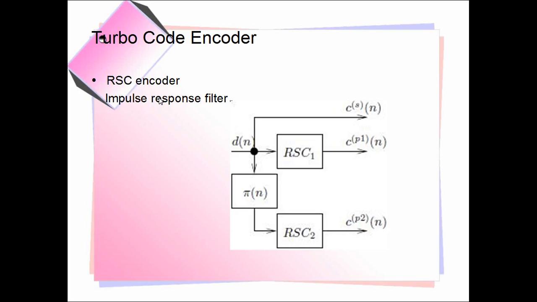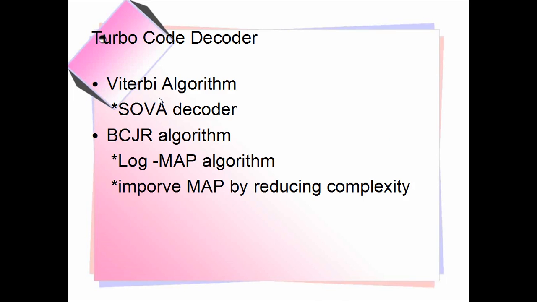So the RSC encoder block can be considered as an impulse response filter, and of course the filter has transfer functions.